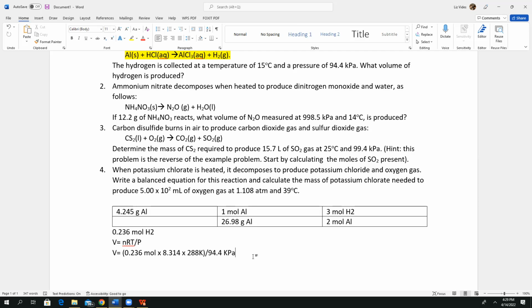I get 0.363. Why do I get that? It doesn't feel right. That is that problem. Yeah, that's this one. 0.363 liters is what I get.